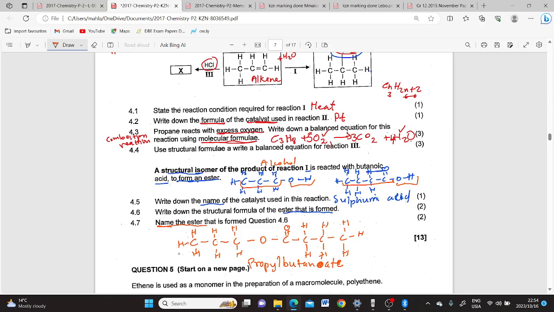Now that will be the name of the ester that is being formed. So the one that is coming from the alcohol will behave as a branch that will be having an alkyl, that's why I said propyl. Then this one of the acid will be taking the ending name of anoate. So it's propyl butanoate. Right, that's what we have for question number 4.